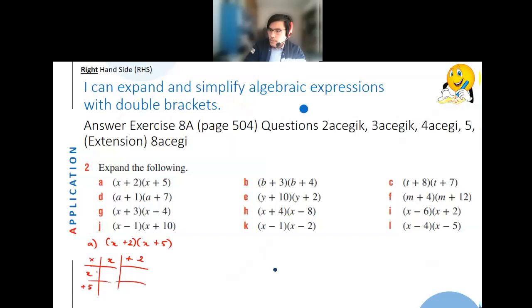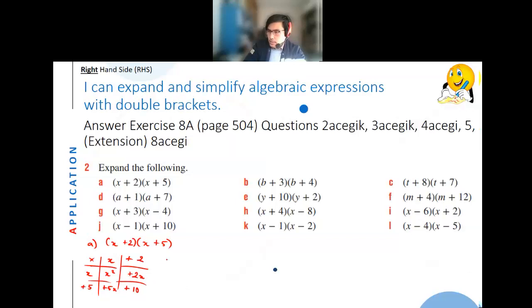So x times x is x squared, x times plus 2 is plus 2x, then plus 5 times x is plus 5x, and then plus 5 times plus 2, a positive and a positive gives you a positive. 5 times 2 is 10, so that's what we have.